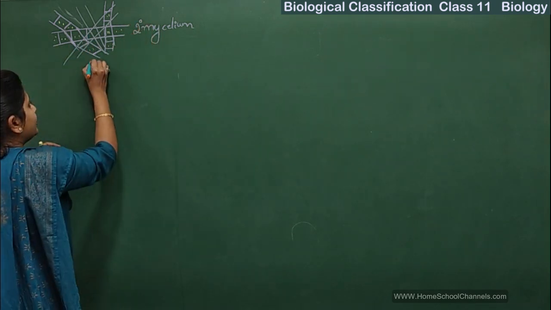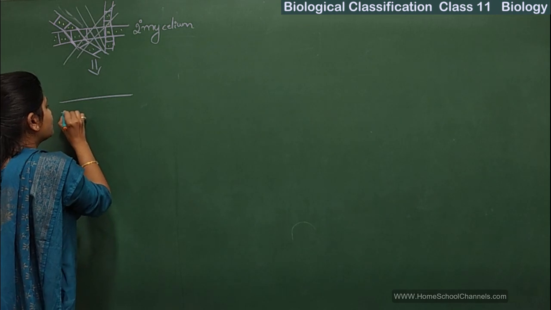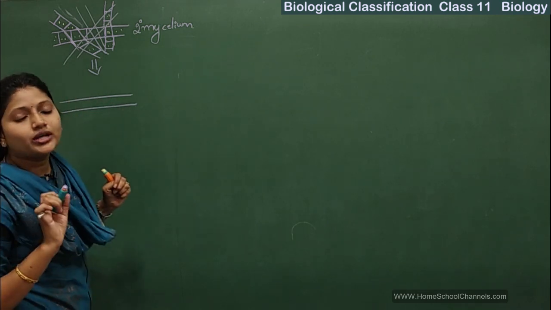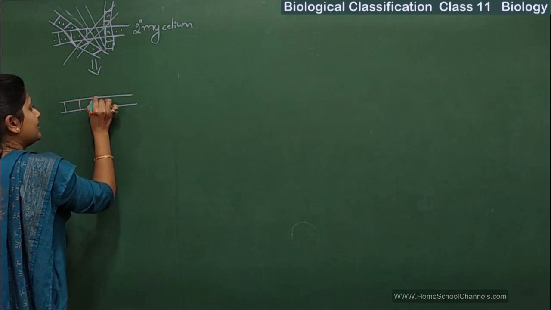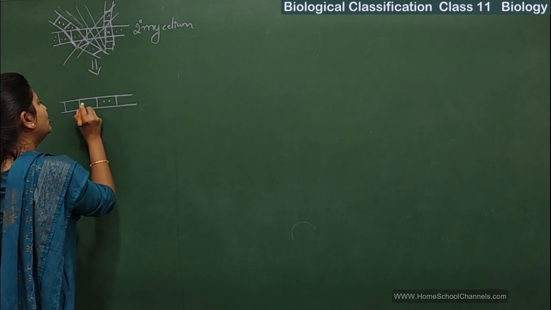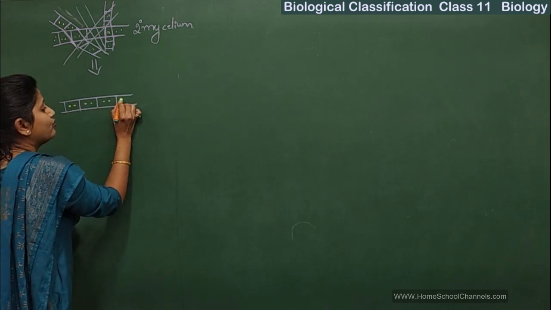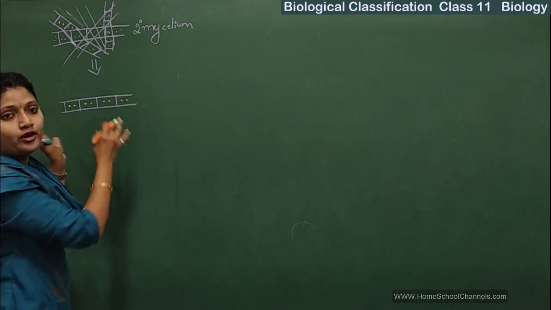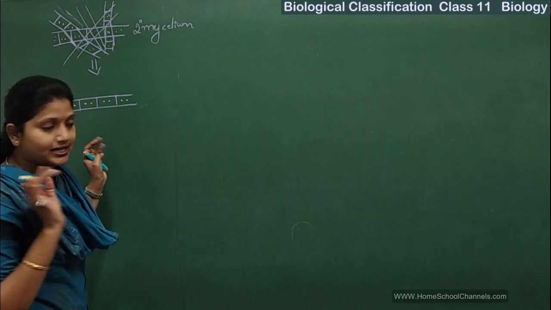Out of this, we are taking only one single strand, or one single hypha, so that it is easy to study here. So we have septa, and each segment has two nuclei. We have one single hypha of secondary mycelium.